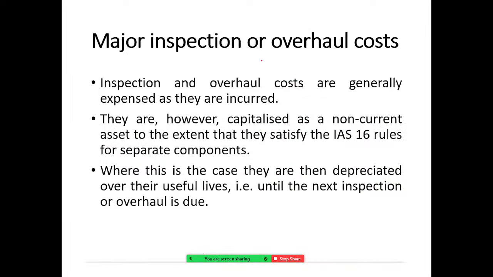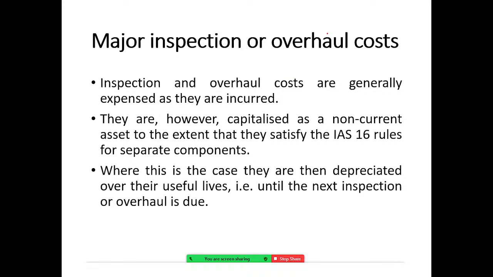Right, major inspection and overhaul cost. Overhaul cost means, for example, renovation. It's a kind of major repair or renovation, right? So inspection and overhaul costs are generally expensed as they occur.